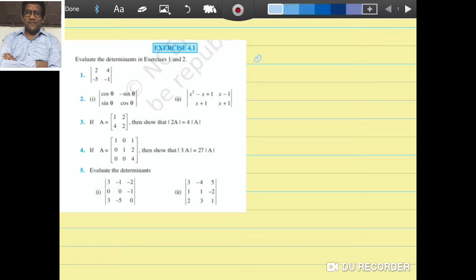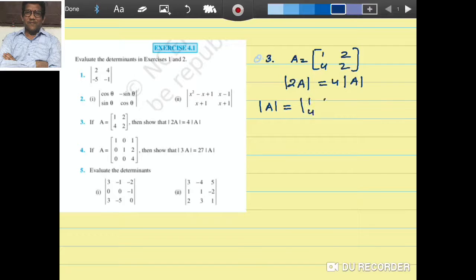Question number 3, A is equal to a given matrix. We have to show that determinant 2A is equal to 4 into determinant A. First we find determinant A. Determinant A is equal to 1 4 2 2, which is 2 minus 8, equal to minus 6.